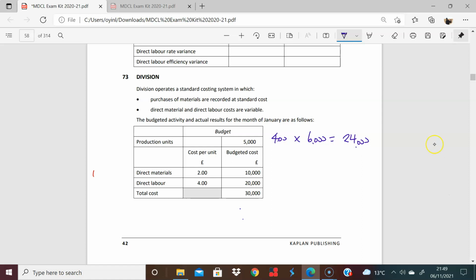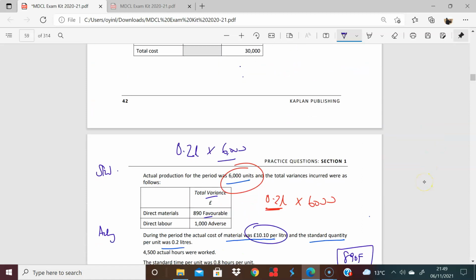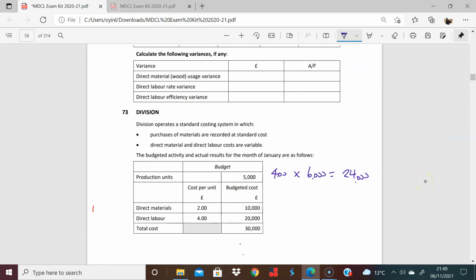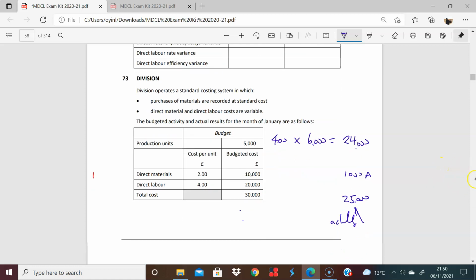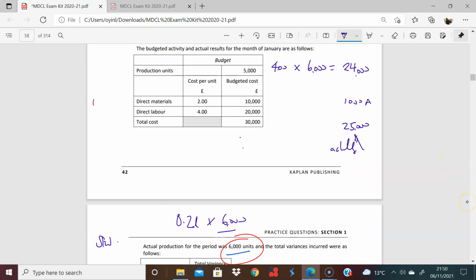Now, what did we actually spend? Well, it tells me that you have labor of £1,000 adverse. So what actually happened was you spent 25,000 on getting all the labor needed to work on those 6,000 units. This is what actually happened, this 25,000, because that's the 1,000 variance. It tells us it's adverse. You spent more than you should have. So that's the starting point.